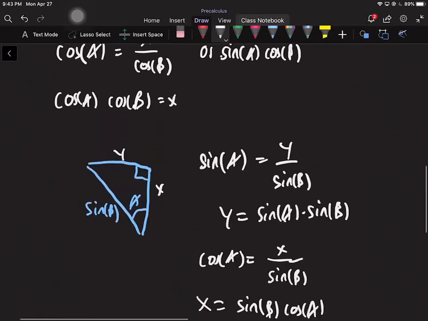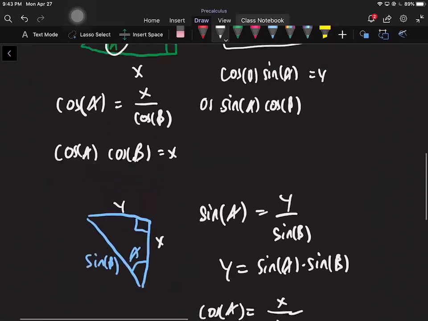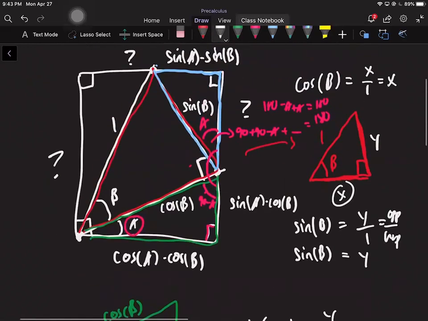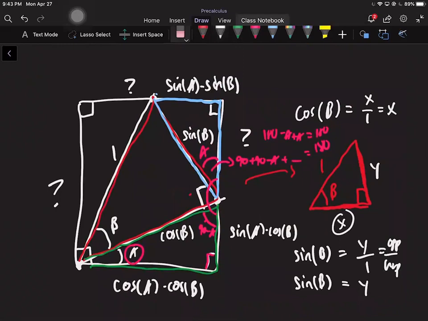So that is what goes here on this question mark. So I said sine beta cosine alpha is what goes there.